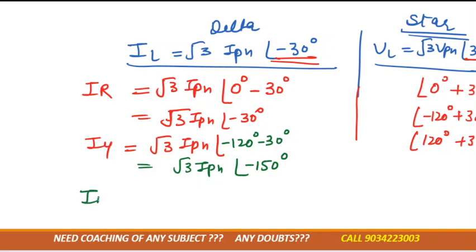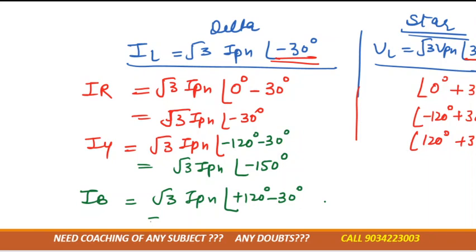For IB, root 3 IPH, the angle was plus 120 degree, plus 120 degree minus 30 degree, you'll get root 3 IPH with angle 90 degree. Okay, clear? So we'll have line current as well as phase current.